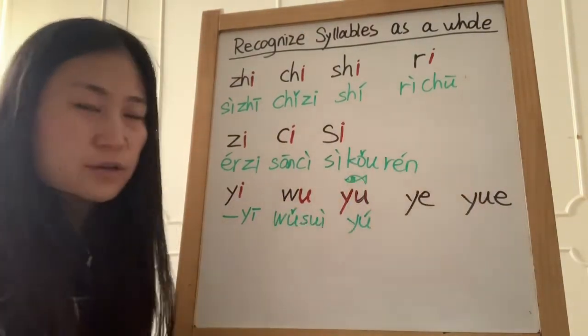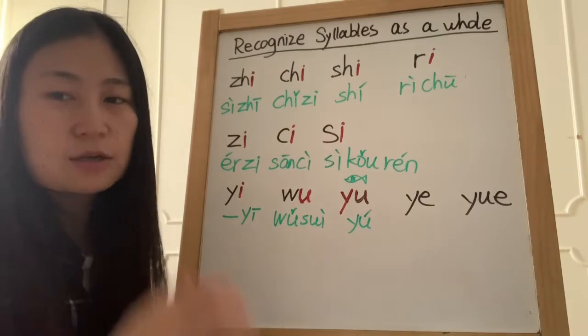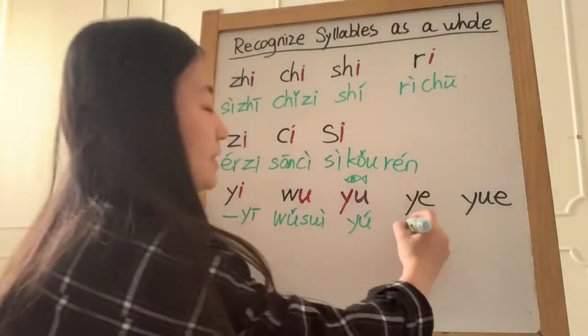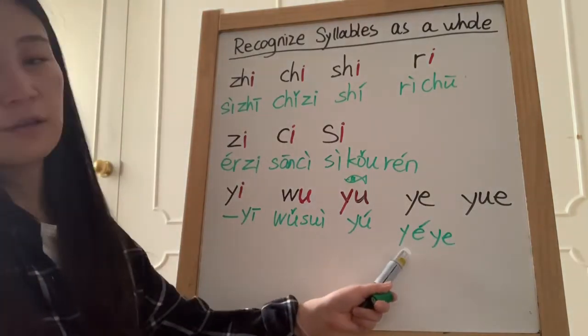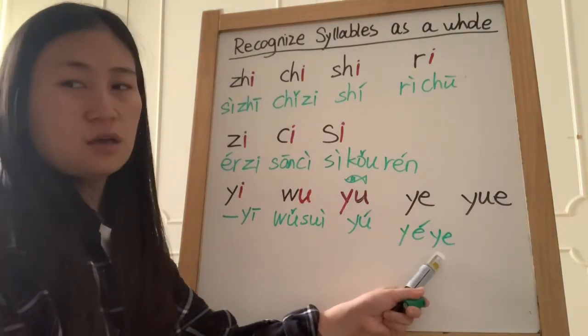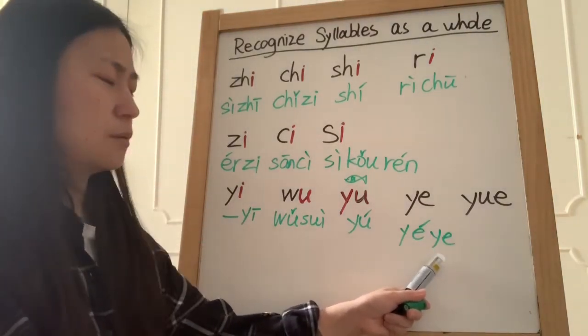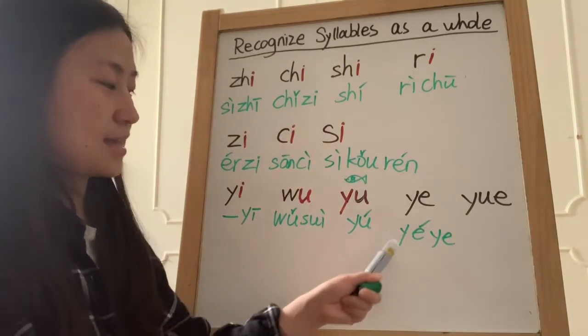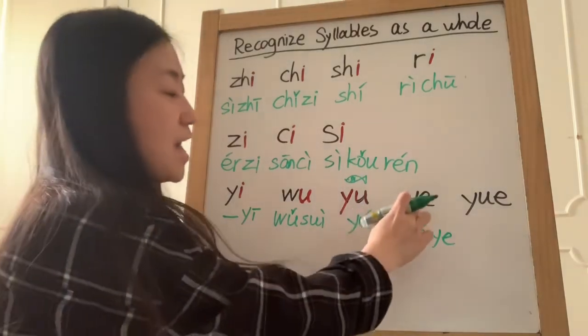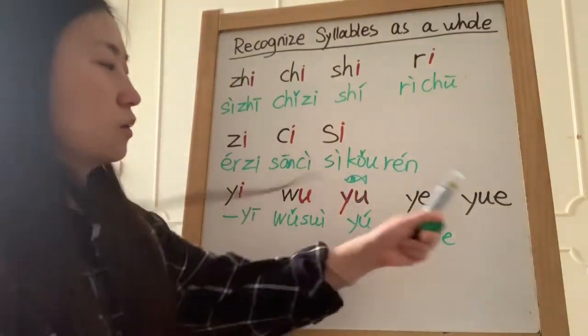These two are very easy. Yeah, for example, how do I say grandpa? Grandpa is, as I said, the family member, the second doesn't put the tone, doesn't have the tone, okay? Yeah. Okay.